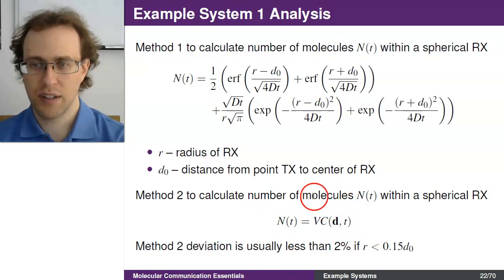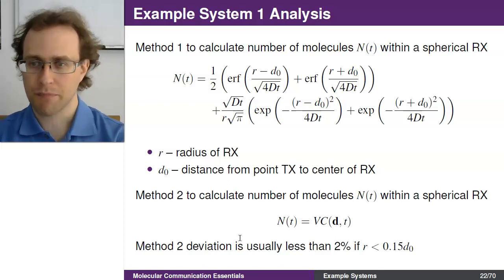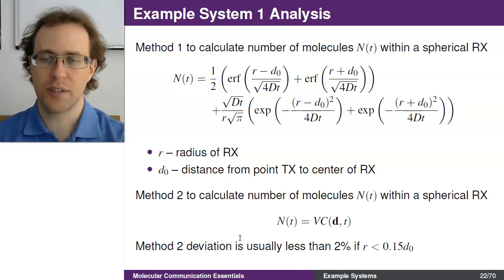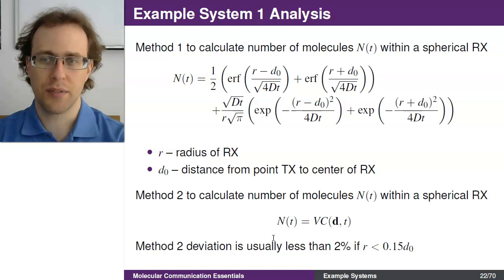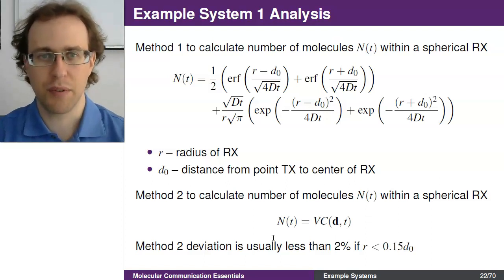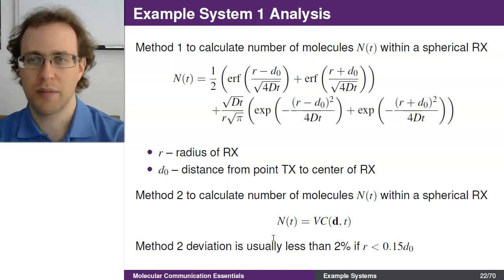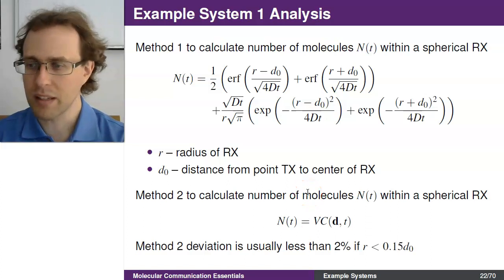This sort of approach tends to be much more commonly used in the literature, and conveniently, for most of the time, except for the very, very short period right after the molecules are first released, the deviation of this approximation is usually less than 2% if the radius of the receiver is less than 15% of the distance between the transmitter and receiver. So basically, if you're far enough away, you don't have to care about integrating over the volume of the receiver.